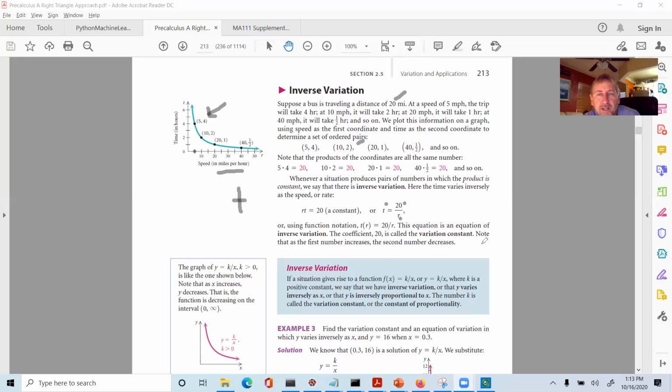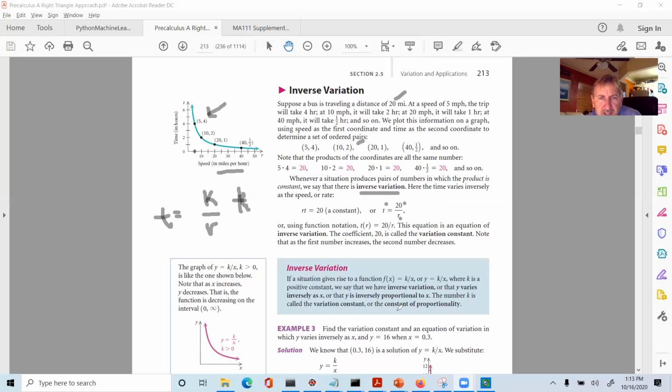So 20 is my rate constant. That's what's fixed. So typically we would start out with the time traveled equals K over the R, over the speed. So this shows us the situation where we have inverse variation.